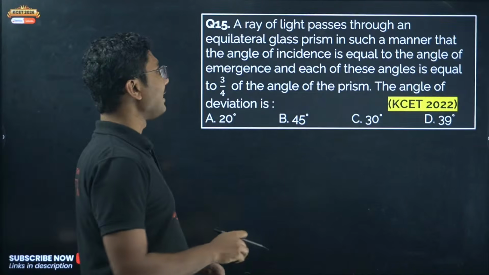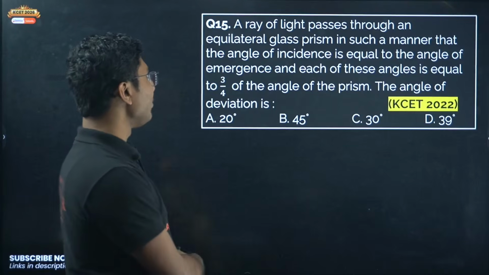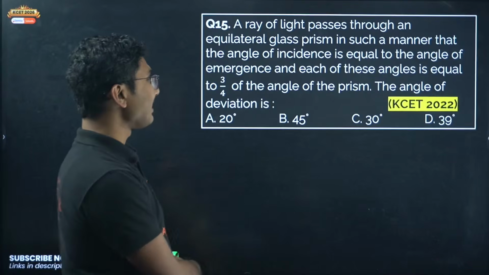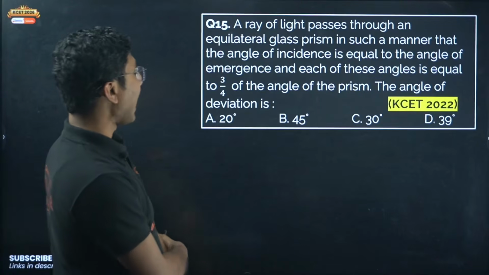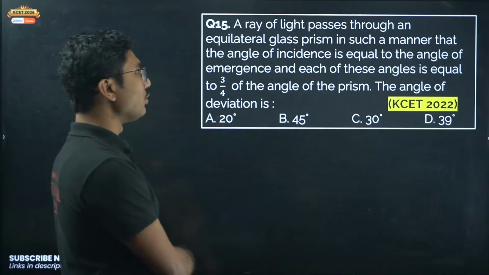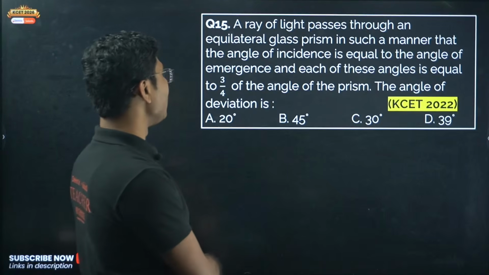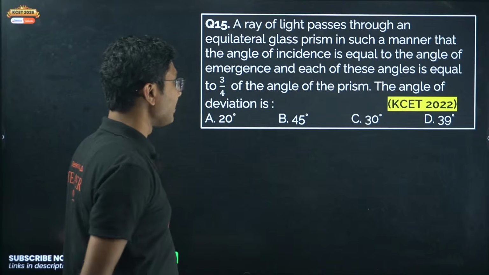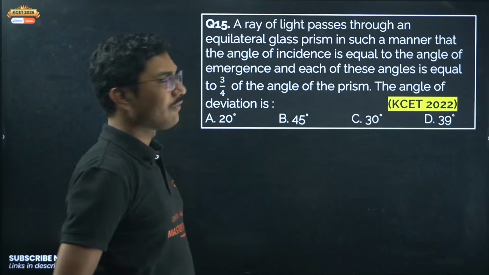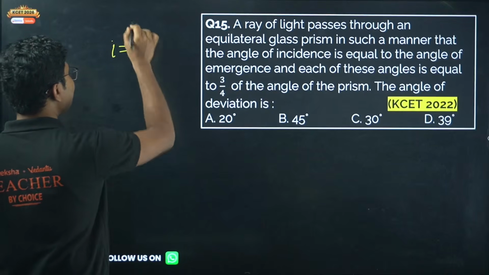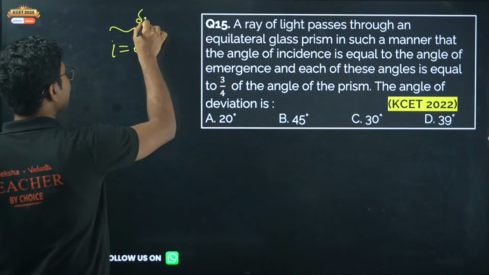A ray of light passes through an equilateral glass prism in such a manner that the angle of incidence is equal to the angle of emergence, and each of these angles equals 3/4 of the angle of the prism. The angle of deviation is, so here I equals E, that means this is the minimum angle of deviation condition.